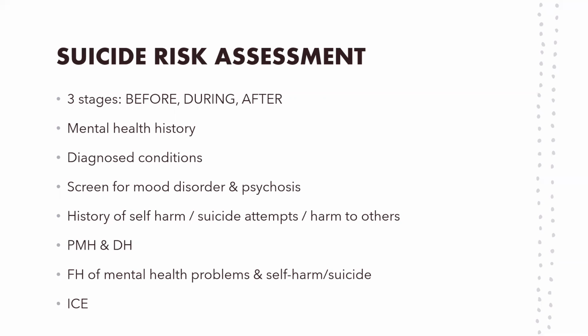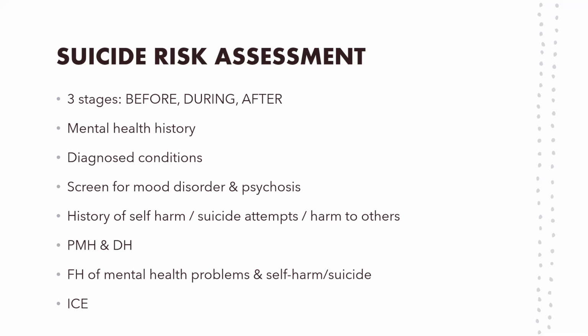You need to ask about their drug history, so this is medication-wise and recreational. You can ask about family history, which is very important. Have any other family members attempted or completed suicide in the past? Are there any psychiatric conditions that run in the family or that present in close family members?